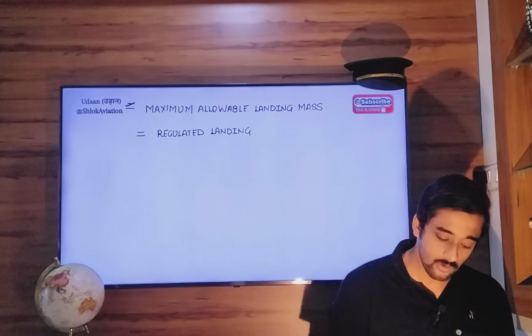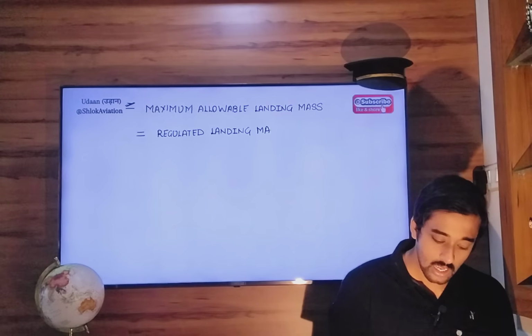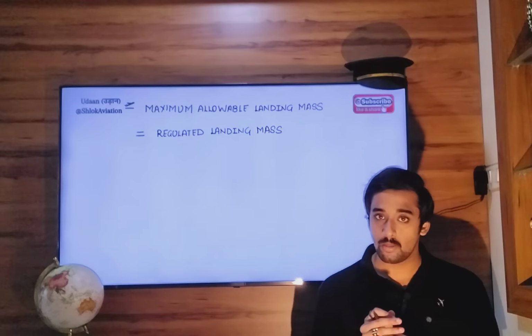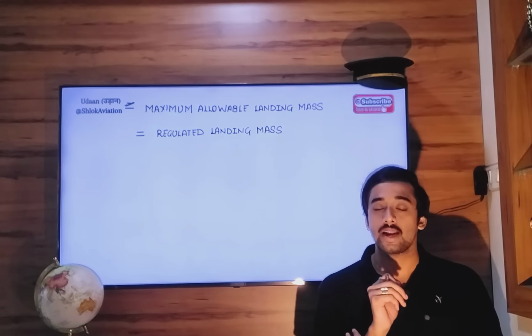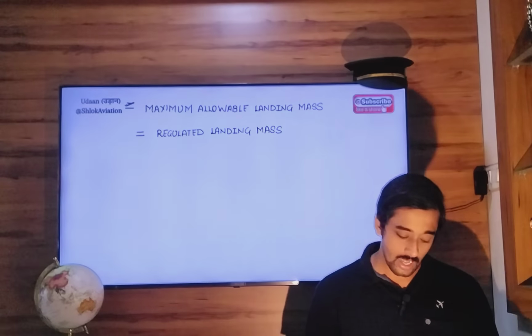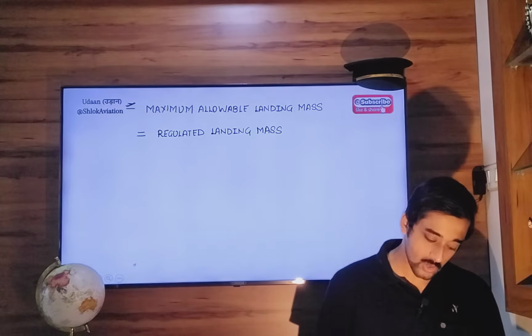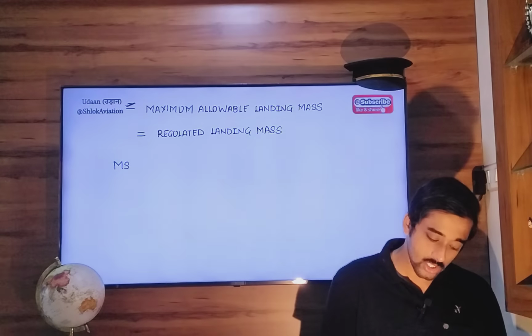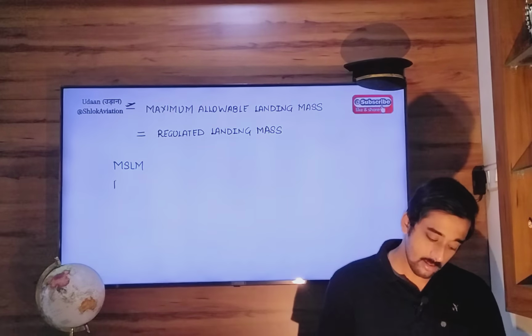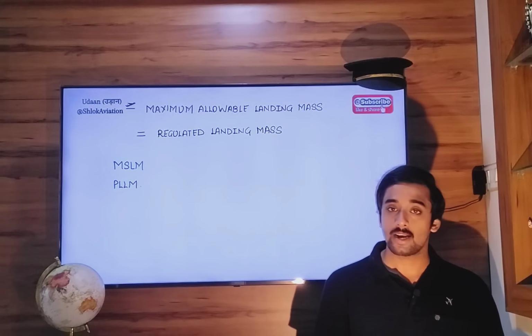And this regulated landing mass or maximum landing mass means the landing mass limitation you're going to choose for your flight. Now you will have two different types of landing masses. One will be the maximum structural landing mass specified by the manufacturer, and another one will be performance limited landing mass.